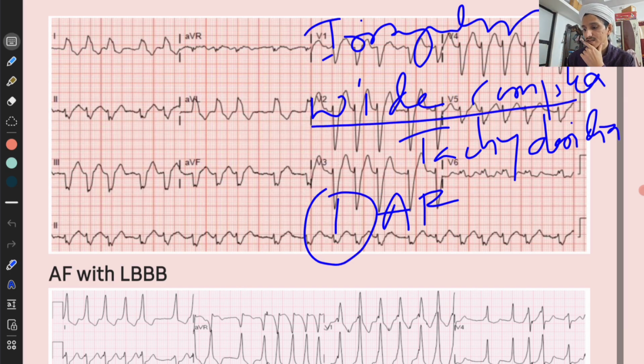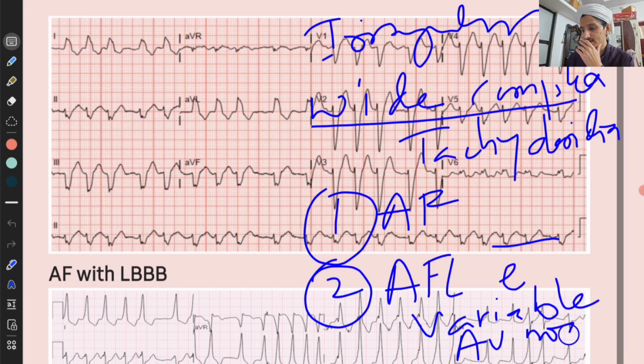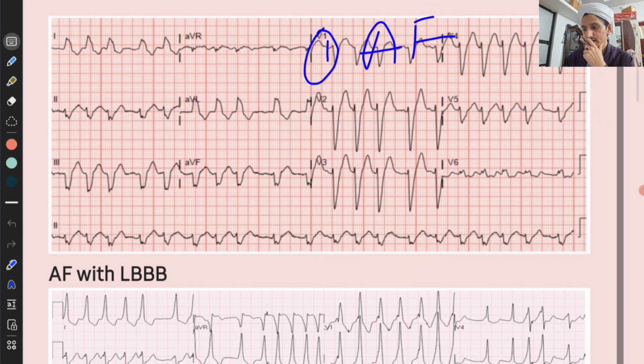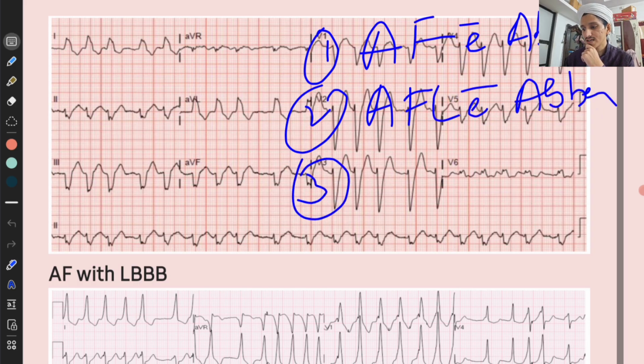Number two, atrial flutter with variable conduction of the AV node, or atrial fibrillation with aberrancy, or atrial flutter with aberrancy, or rarely Torsades de Pointes.